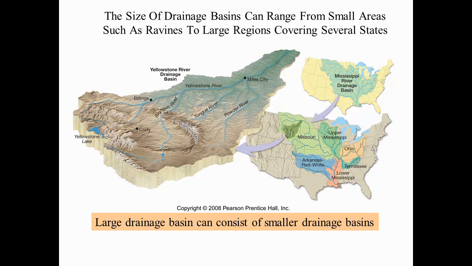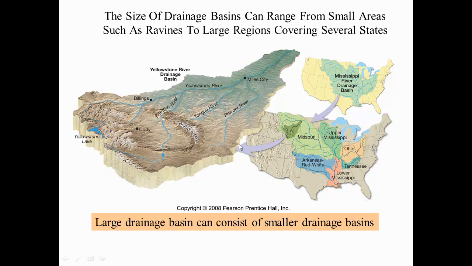However, the Mississippi basin can be further subdivided into smaller second-order drainage basins like the Missouri, the Arkansas, the Ohio, and the Tennessee basins. And if we just focus on the Missouri drainage basin, it can be even further subdivided into smaller basins like the Yellowstone River drainage basin shown on the left.